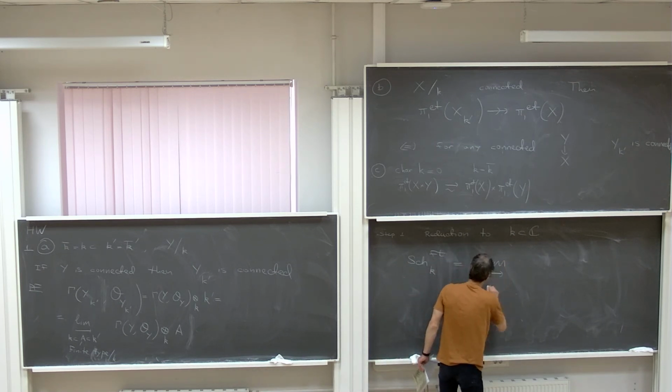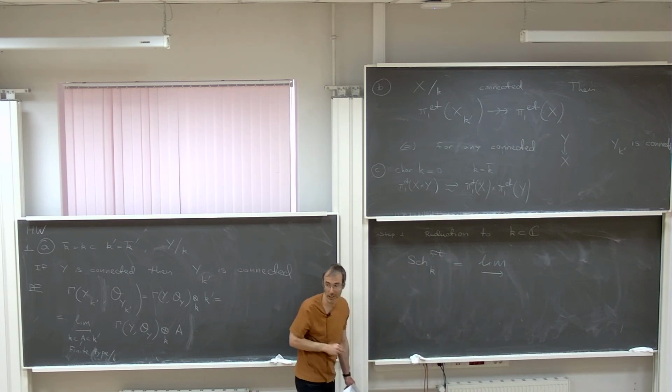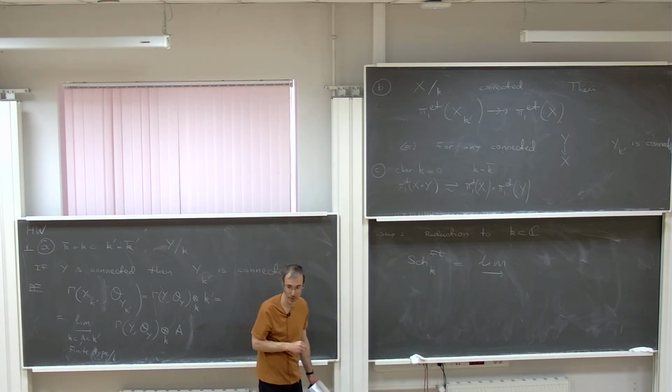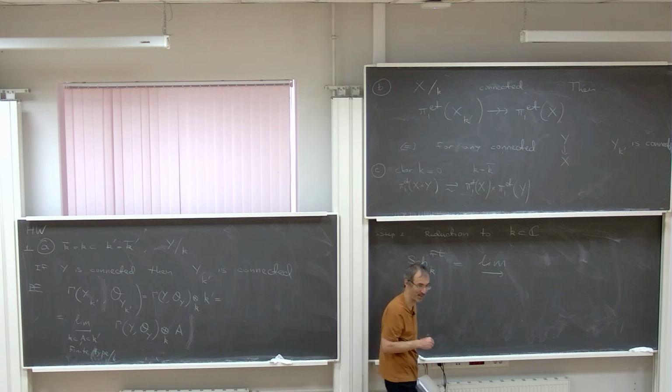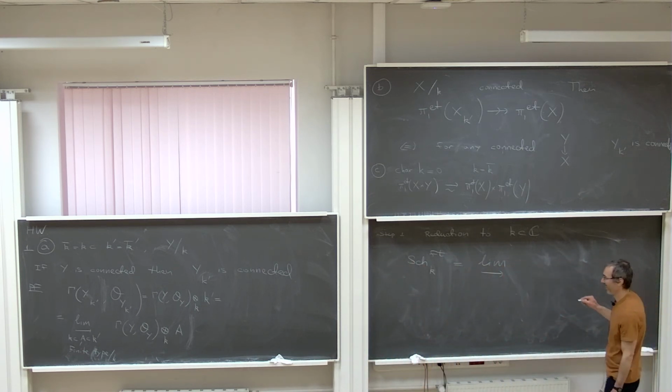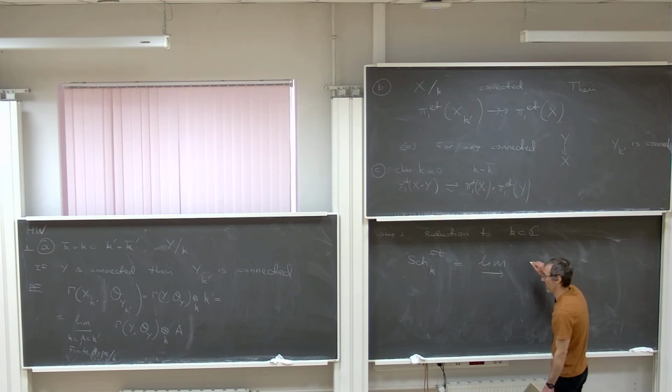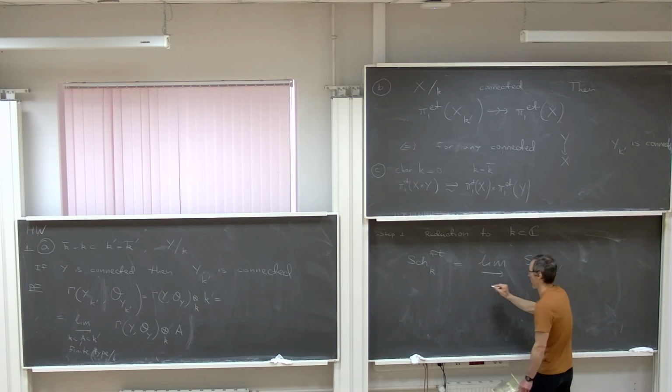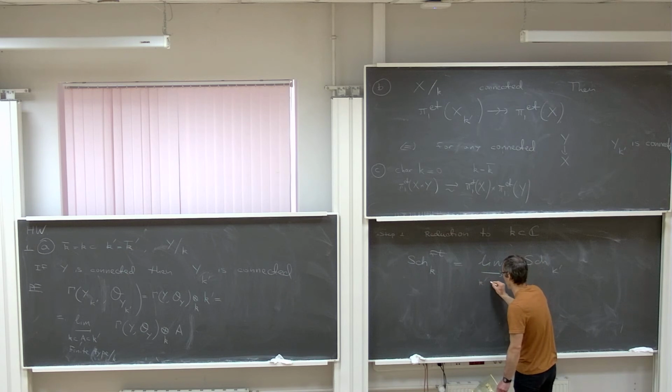One has to think a little bit what an inductive limit of categories is, but after some thought, you can come up with a definition. So of categories of schemes over K prime, where the limit is taken over all finitely generated subfields.